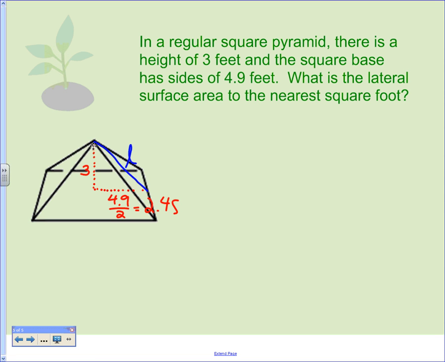Have y'all all gotten your slant height? What did you get for your slant height? 3.87? Square root of 9 plus 2.45 squared. Okay, so we're looking for our lateral surface area. What formula do we use?